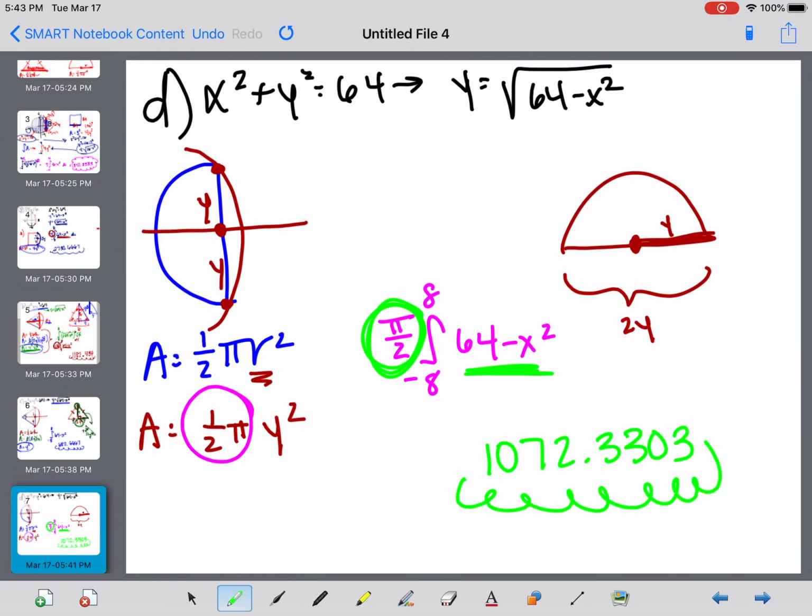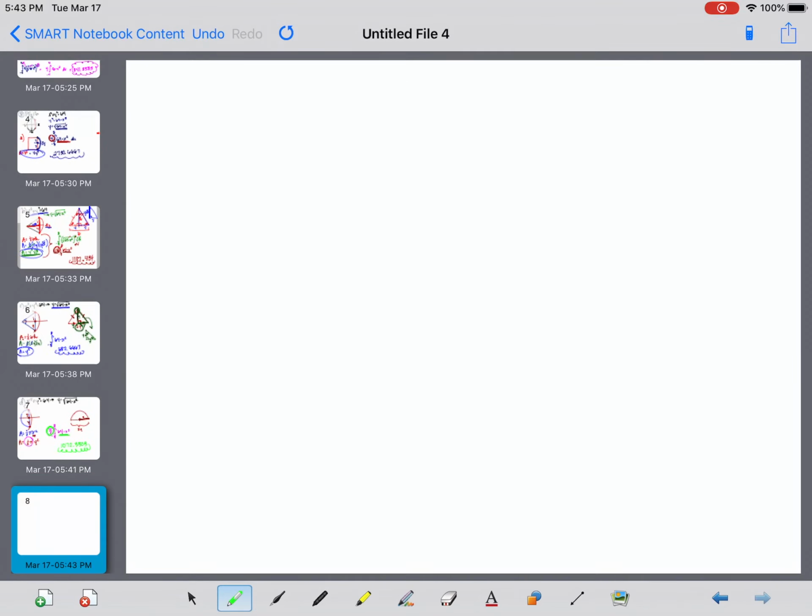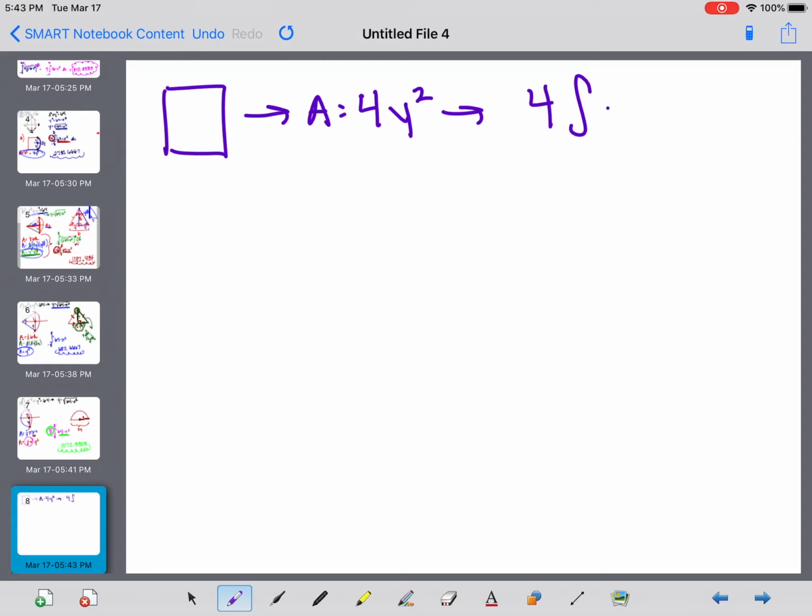All right, so just as a recap here, if you're dealing with a square, the area formula was 4y squared, and our integral was 4y squared.